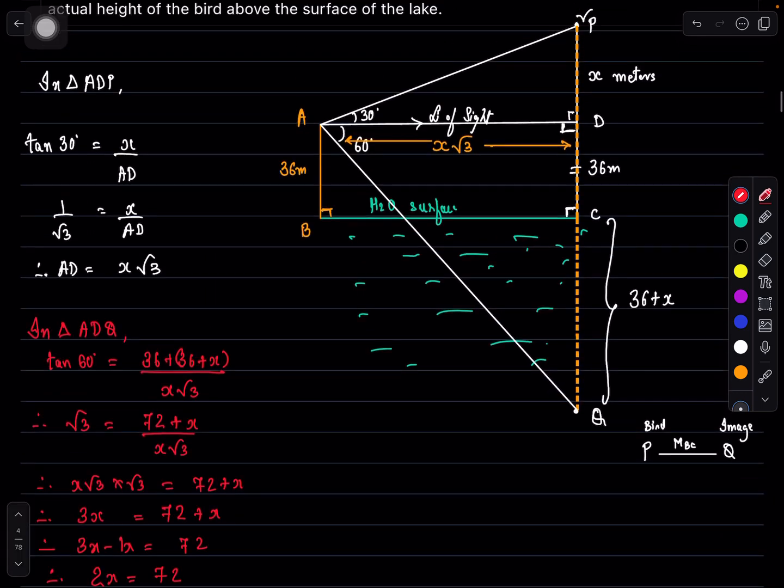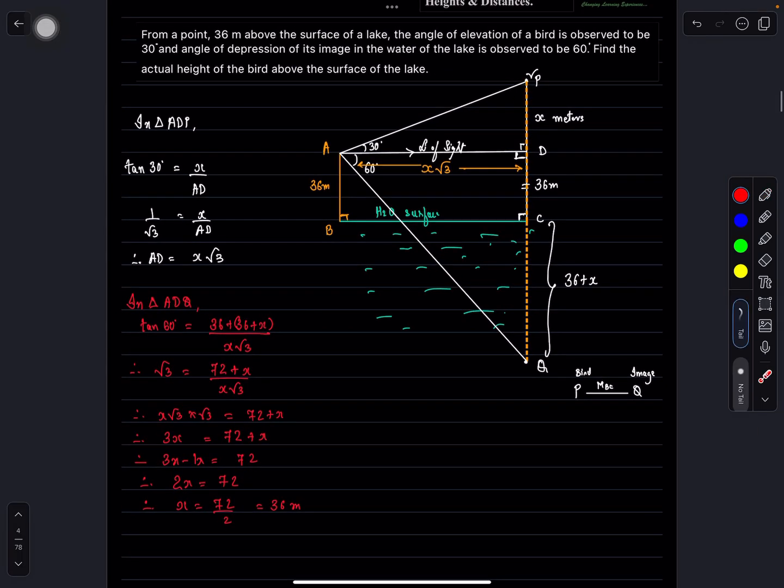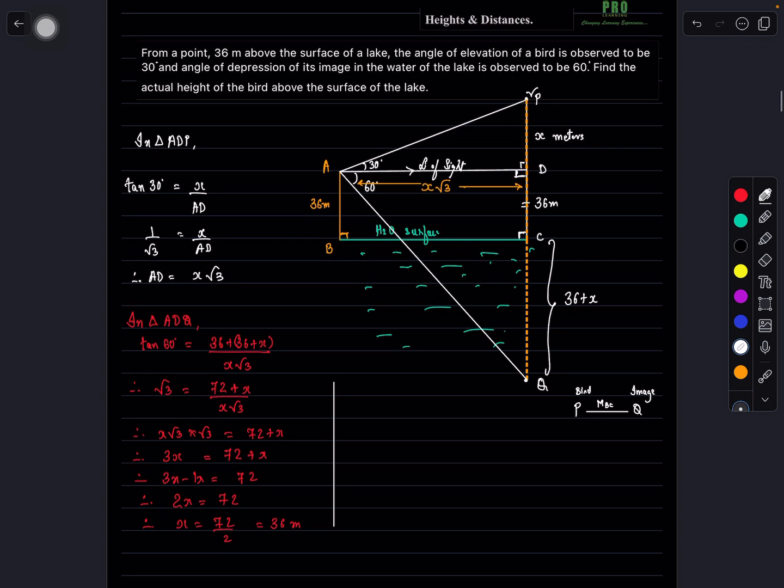So we were interested in the height of the tree. Not the height of the tree, rather the bird, the height above which the bird is located.